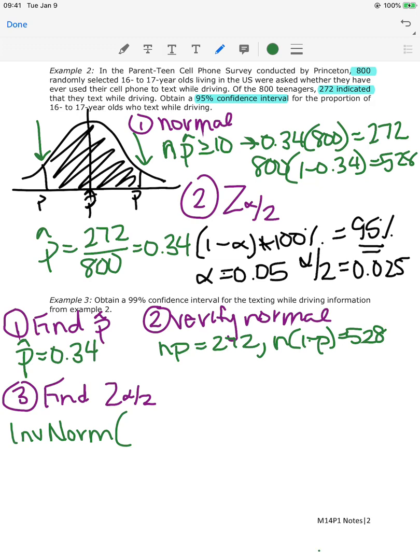So 0.005, which will give us, I'm not sure, 2 point something. I believe it's 2.575 something. How about I just calculate it instead of continuing to guess? I know it's 2 point something.